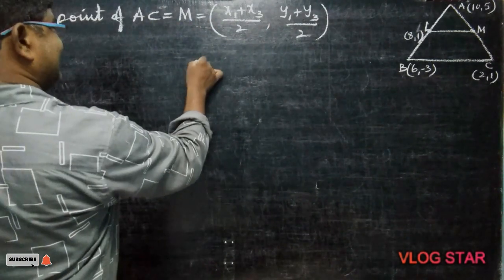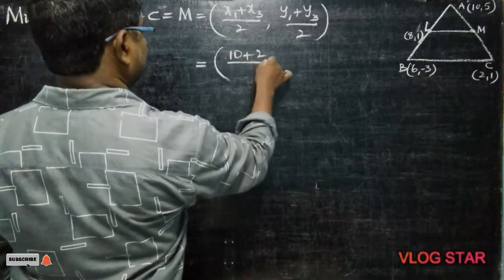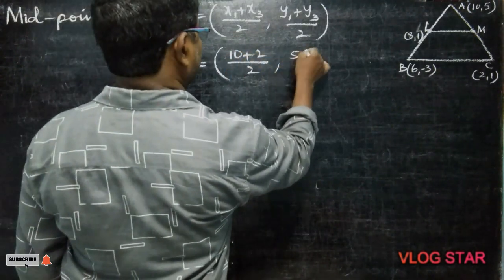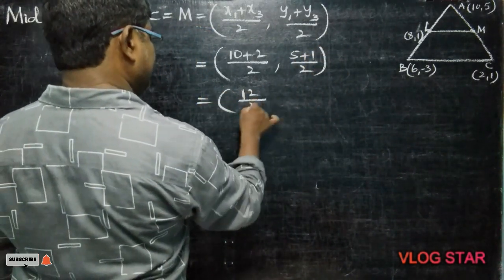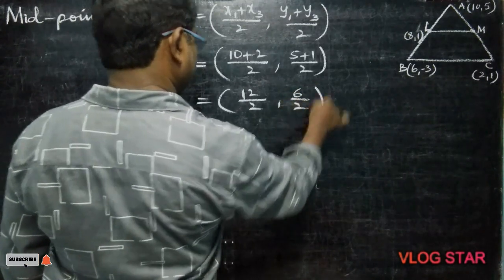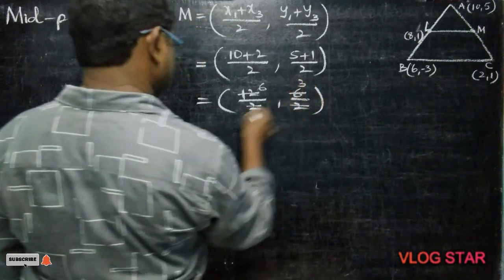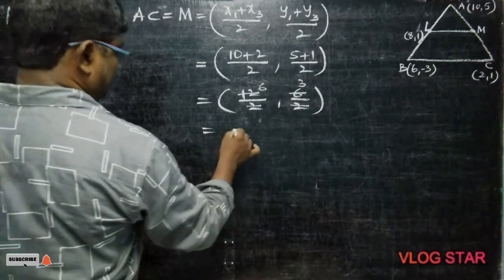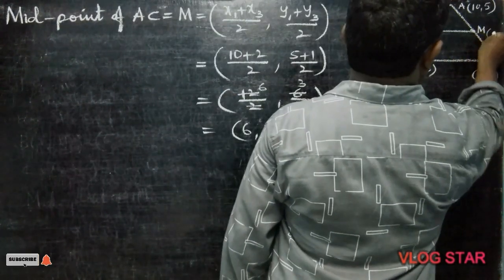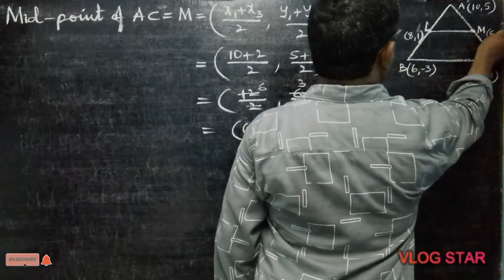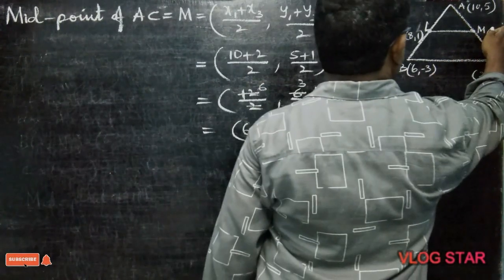That's why we wrote (10 + 2)/2 comma (5 + 1)/2. That is equal to 12 by 2 comma 6 by 2. 2 goes 6 times, 2 goes 3 times. So how much did we get? (6, 3). So here (6, 3). Are you able to follow?